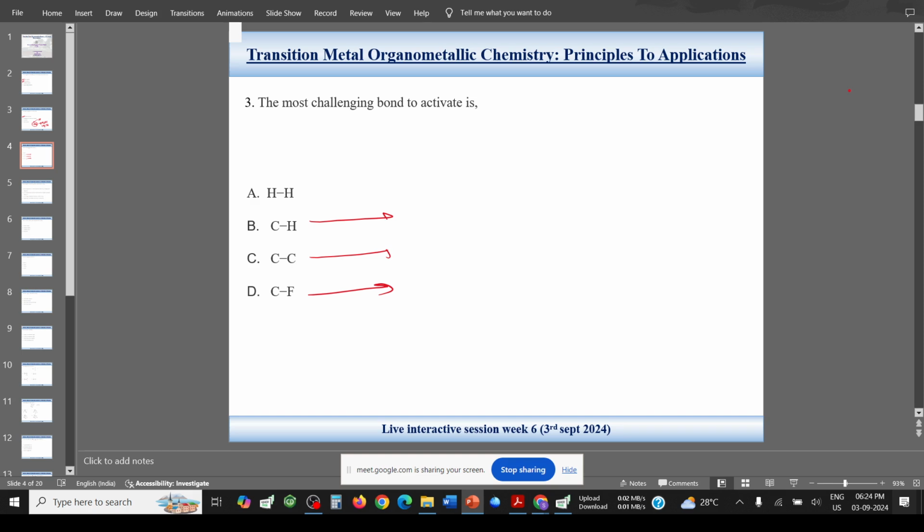So the CF bond has a bond energy of around 450 to 500 kilojoule per mole. You should remember this when you are talking about the activation of CH, CC or CF bonds. Then you can see how challenging a bond is to activate.